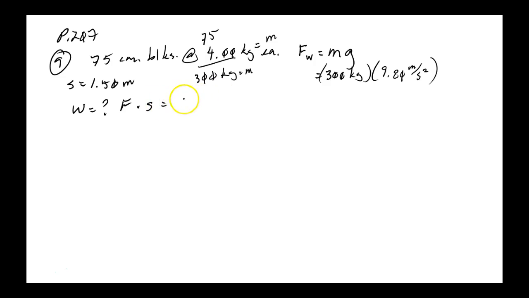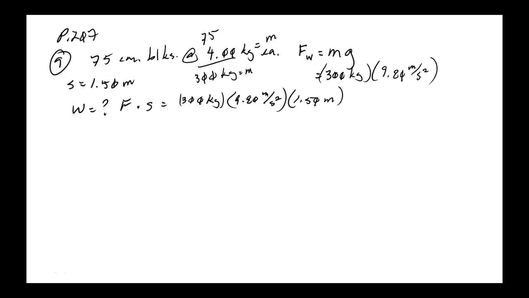So that will be 300 kilograms times 9.80 meters per second squared times the displacement, which is 1.50 meters. That's how high he had to lift it. That's about chest level, because waist level is about 1 meter, and then chest level would be about another half.